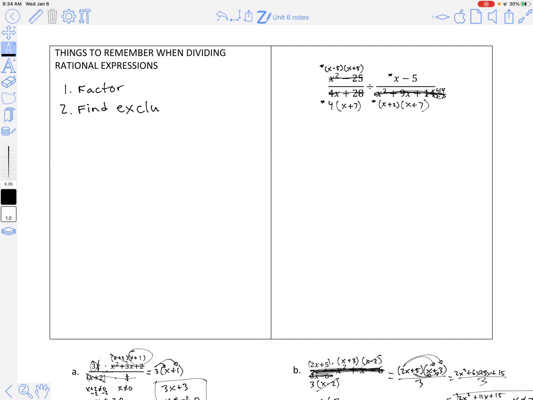So we have to find those excluded values. We're going to have to set each factor in the denominator. We don't care about the numerator. If the numerator becomes 0, great, it's 0, right? But if the denominator becomes 0, there's an error. You can't divide by 0. So set each factor in the denominator.